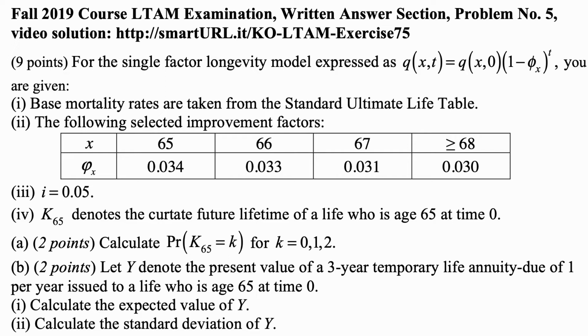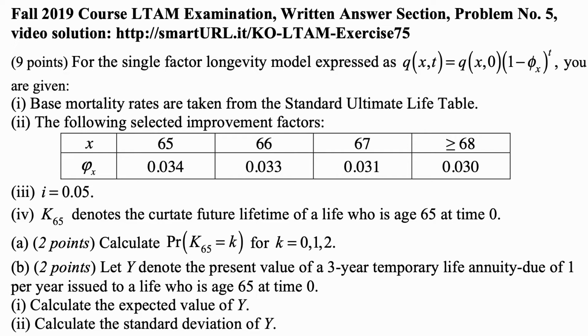Here is a problem for today for exam LTAM, long-term actuarial models, from the last exam LTAM from fall 2019, problem number 5 in the written answers section. For the single factor longevity model expressed as Q of xt equal to Q of x0 times 1 minus phi sub x to the power t, you are given that base mortality rates are taken from the standard ultimate life table.